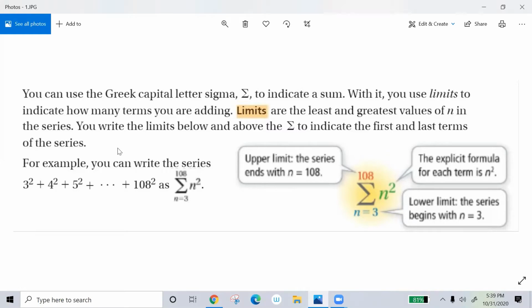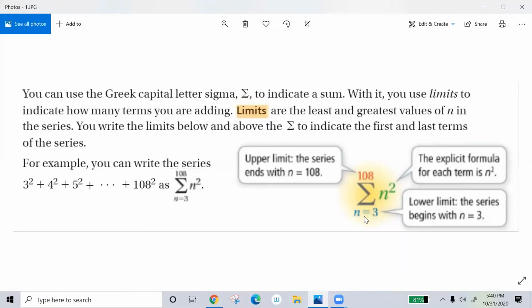of the series. For example, you can write the series 3 squared plus 4 squared plus 5 squared and so on up to 108 squared as the summation of n squared from n equals 3 to 108, wherein n squared is our explicit formula.